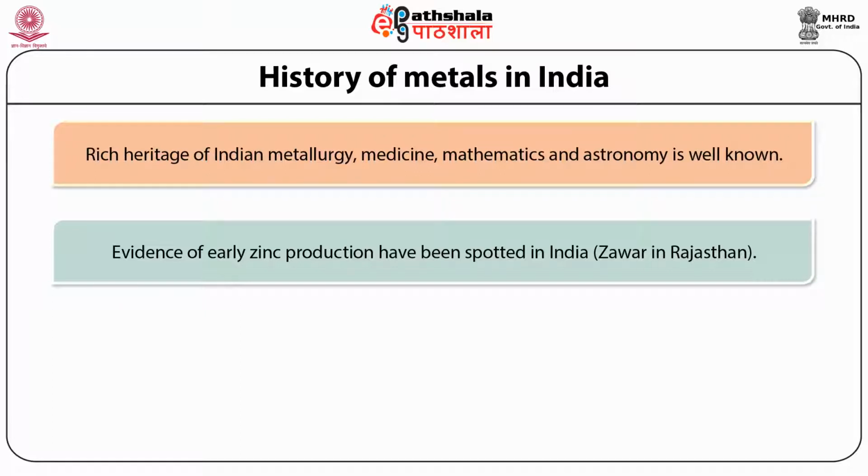Interestingly, before any other reports on the production of zinc anywhere in the world, extensive and semi-industrial production of metallic zinc was established at Zawar in Rajasthan, India.